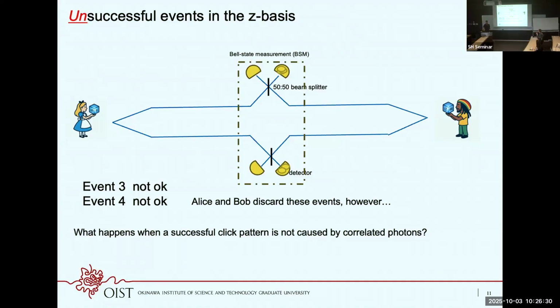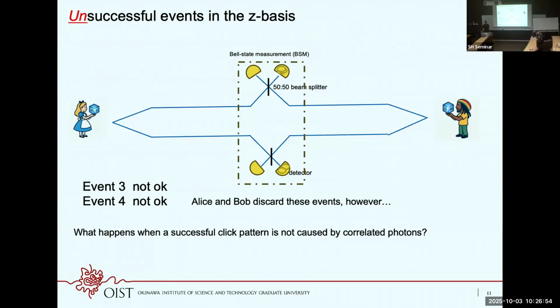However, we have some imperfections in our devices that can make things slightly more complicated. For example, in this specific case, the photon sent by Alice reaches these detectors, but Bob's photon was lost. So you would say this detector cannot click.